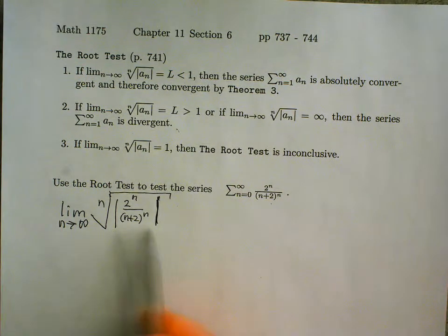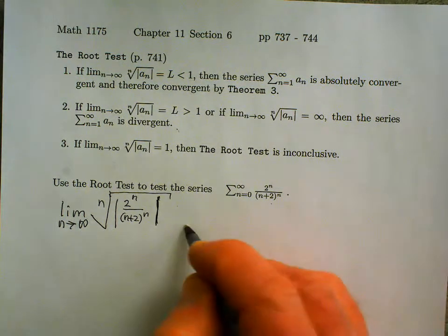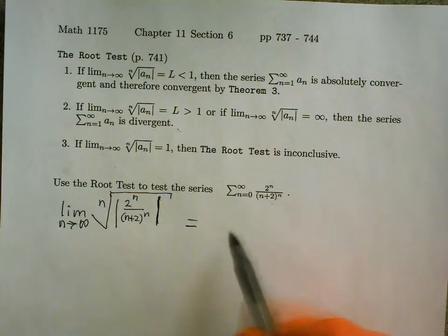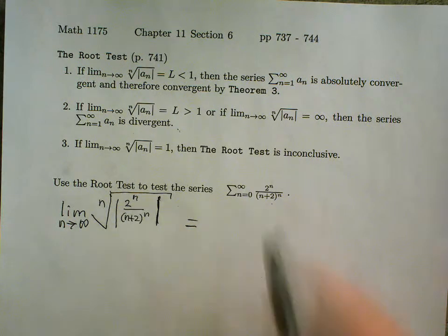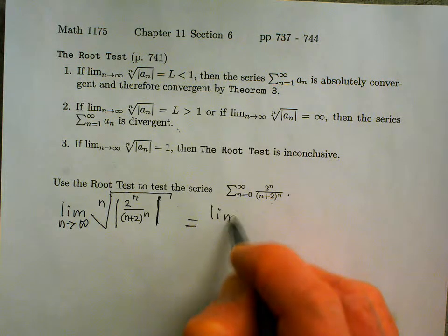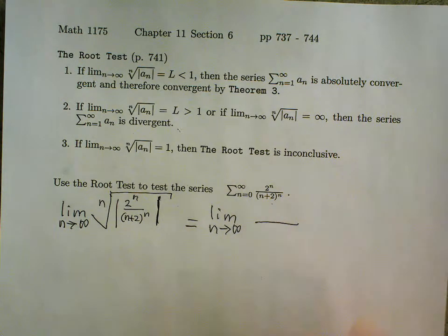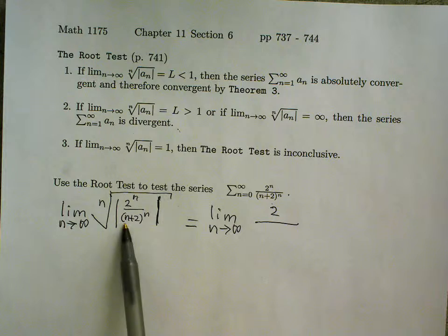Once again, we don't need the absolute value symbols, so we'll remove those in the next step. So the nth root of 2^n is just 2. So in the numerator, we're just going to get 2. And then the nth root of (n+2)^n is just n+2.